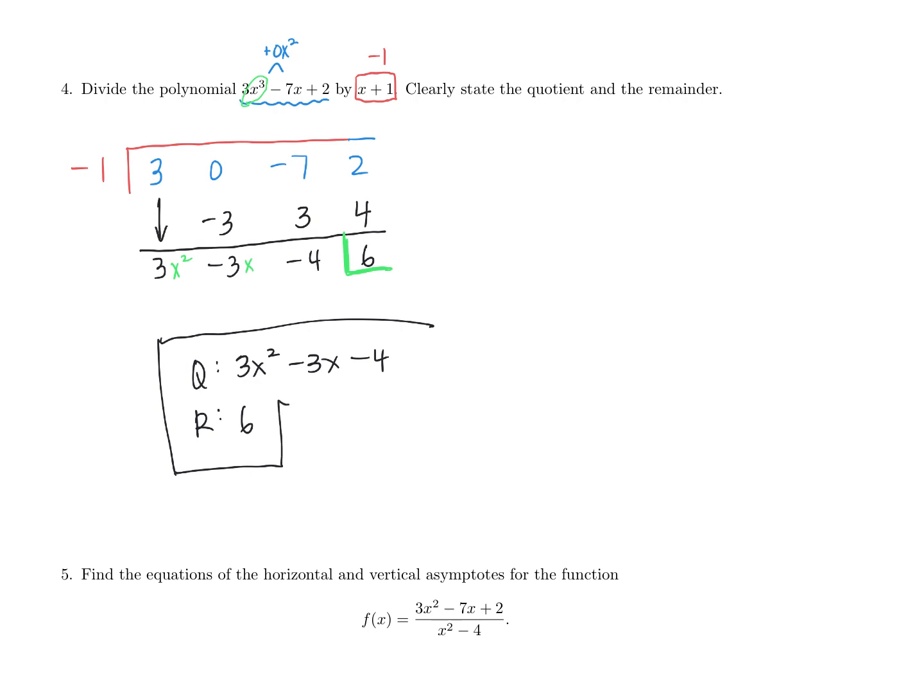It says to do that in the directions. Clearly state them. If you don't and you just do synthetic division and leave it at that, you're not going to get credit because you didn't clearly state the quotient and the remainder. We don't know if you know what those are if you simply just do the synthetic division. So do make sure you label them and are very clear with your answer.